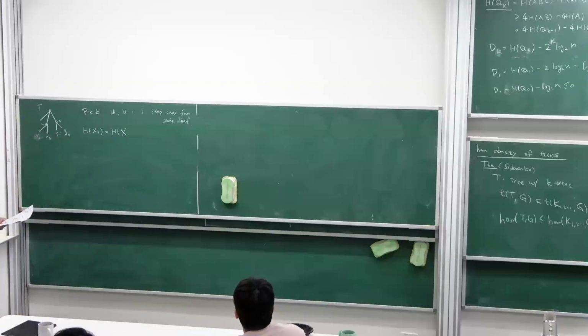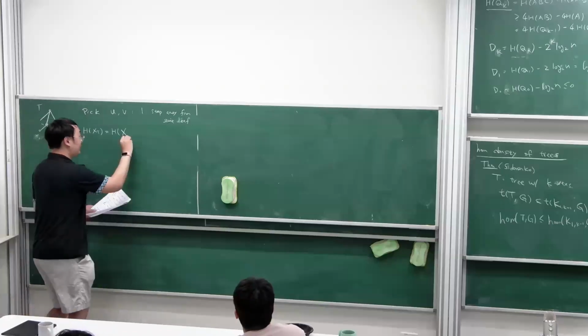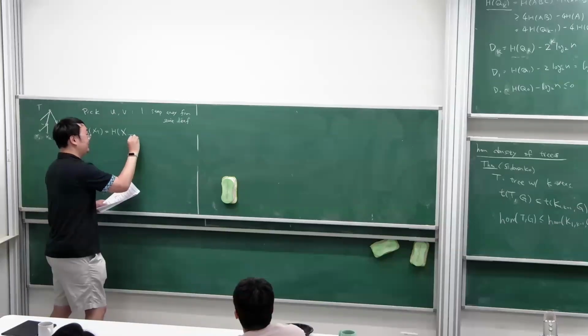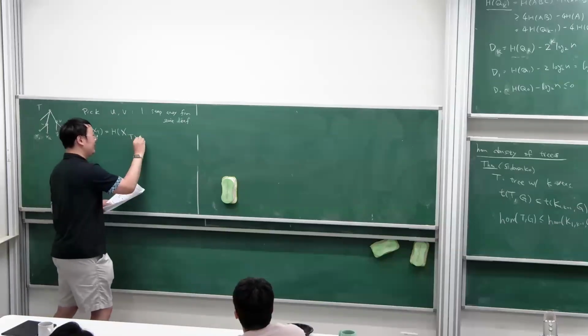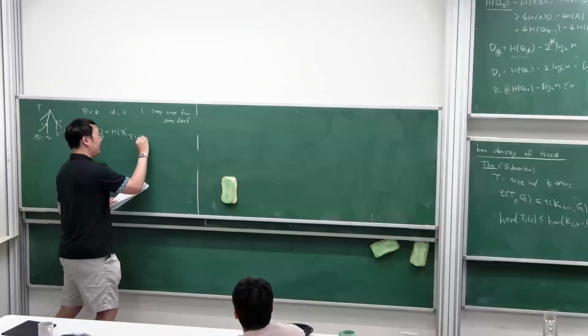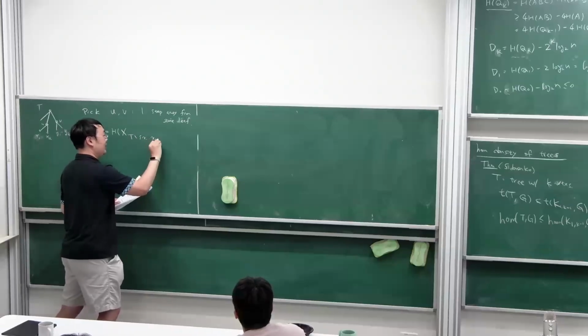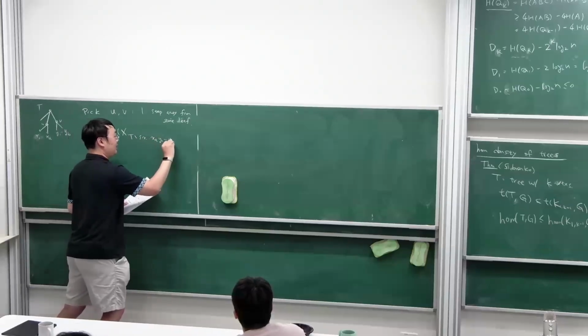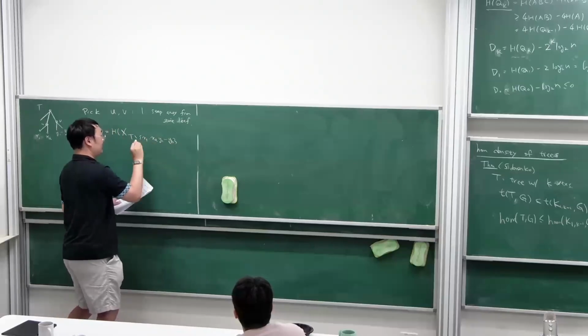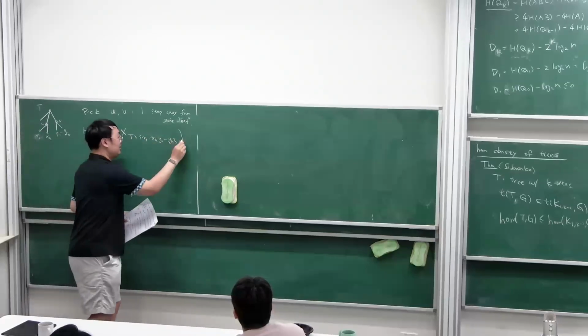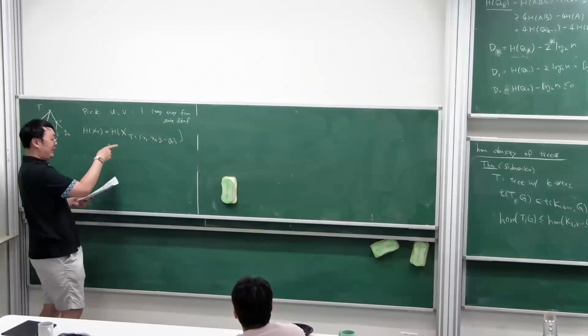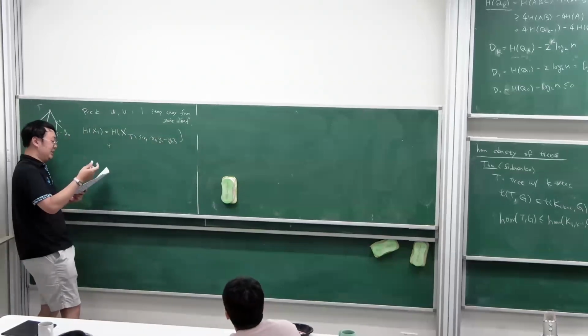So these are the leaves. And I'm going to remove first all the leaves from my T. So this is x_1 to x_a, y_1 to y_b, plus all the entropies from the leaves.